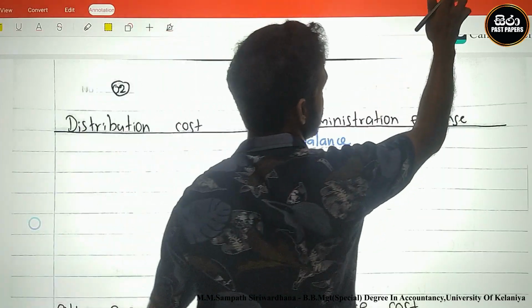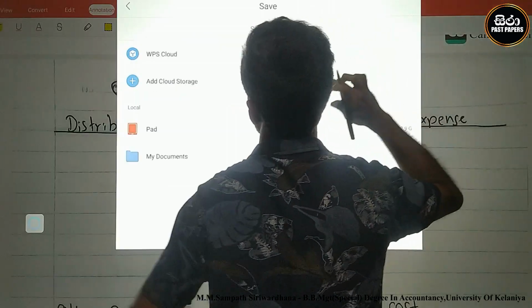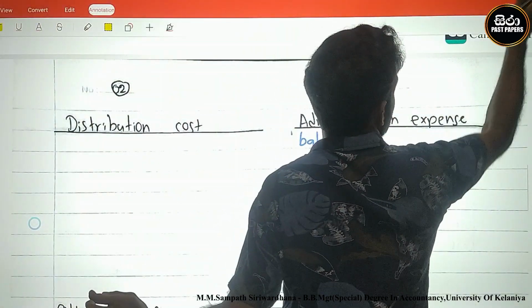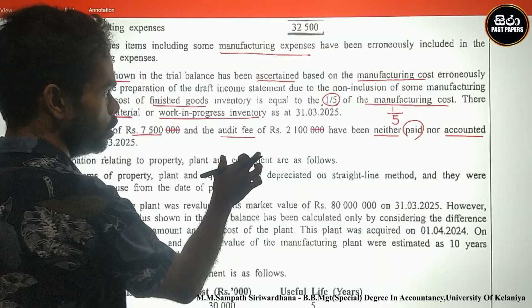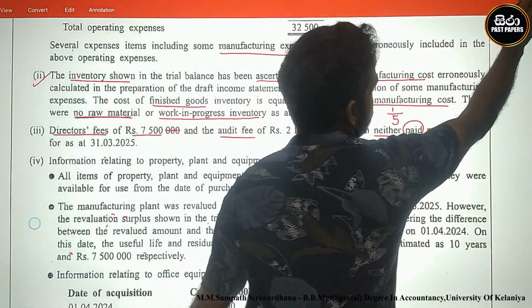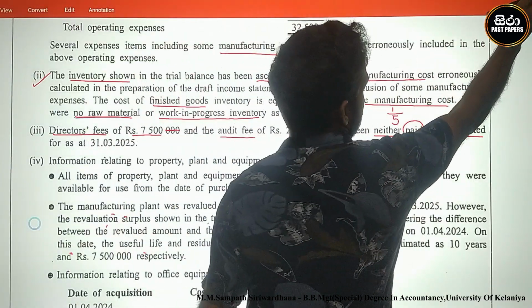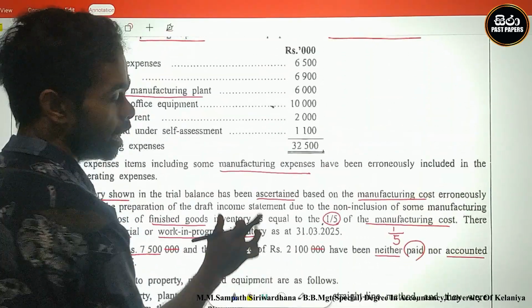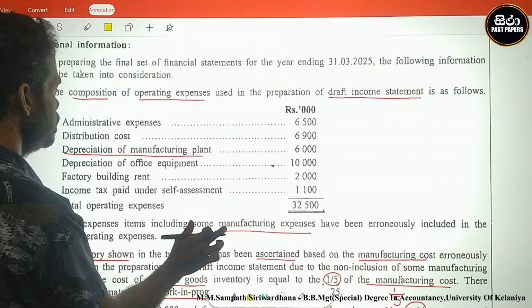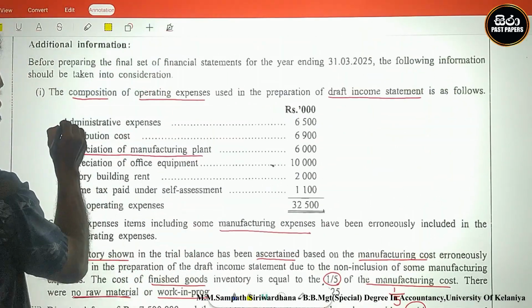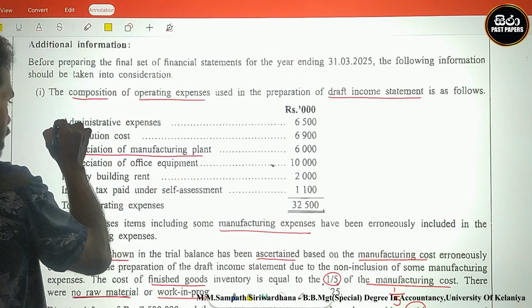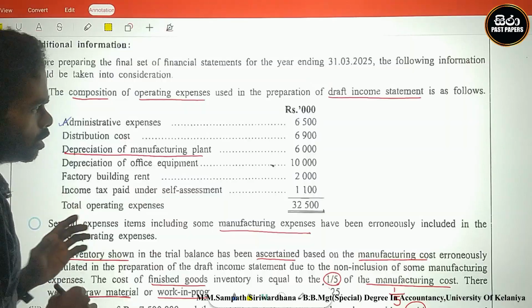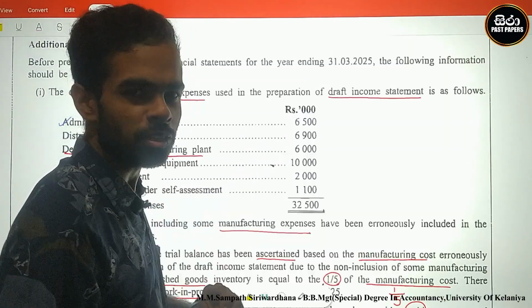Balance must be identified through the question. Look here. There is a balance of administration expense, no? There's administration expense in the operating expense composition. The current balance is 6,500.